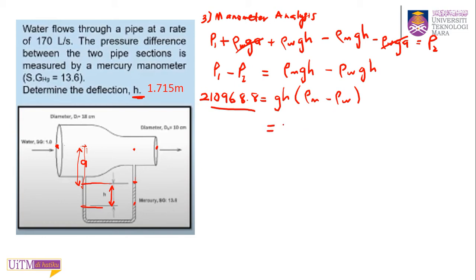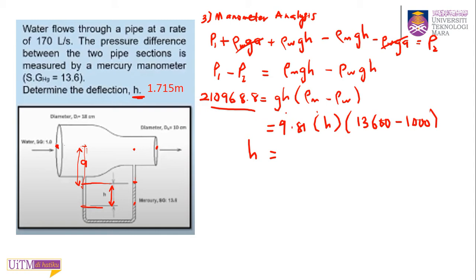So this is 9.81 times H times rho mercury 13,600 minus rho of water 1,000. Okay, you can find your H lah. Berapa H dapat?